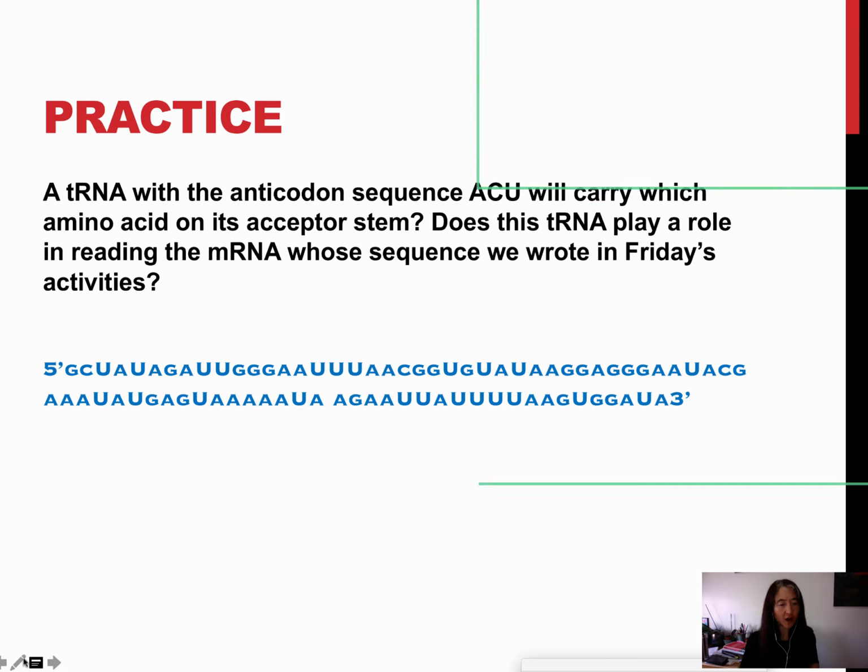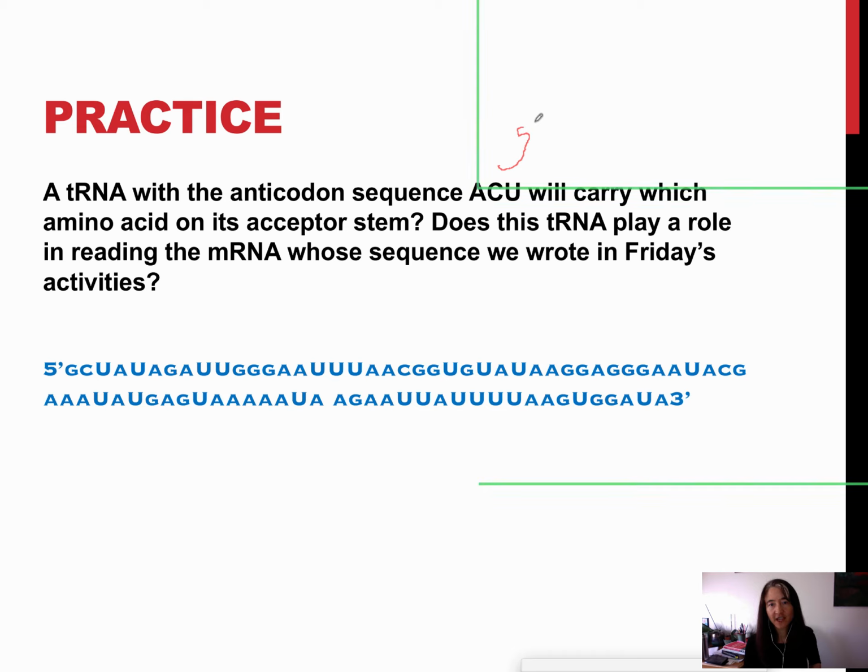So let's start by thinking about the tRNA and its anticodon sequence. Remember that if a sequence is just written like this without any termini specified on it, we have to make the assumption that we're being given the 5' to 3' sequence, so that this is the 5' end.